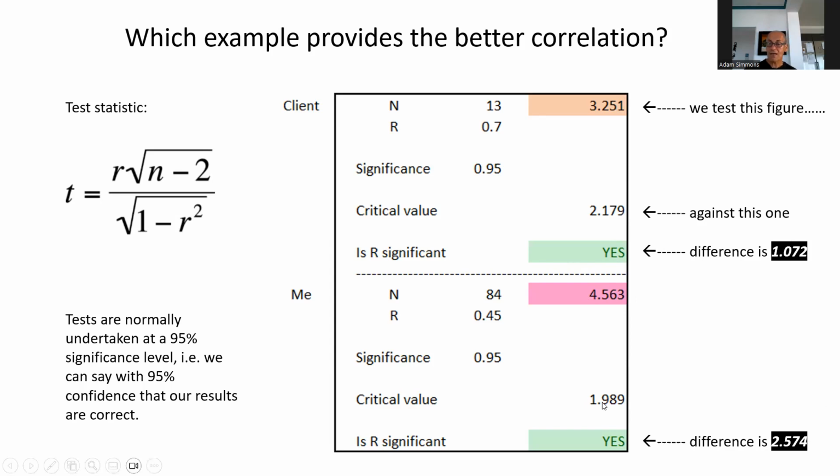My critical value, because I have more in my data set, is a bit lower than the client's critical value, but the difference is 2.57. So in other words, even though my R superficially looks worse, the result of this correlation is actually better because I have a much larger sample size.